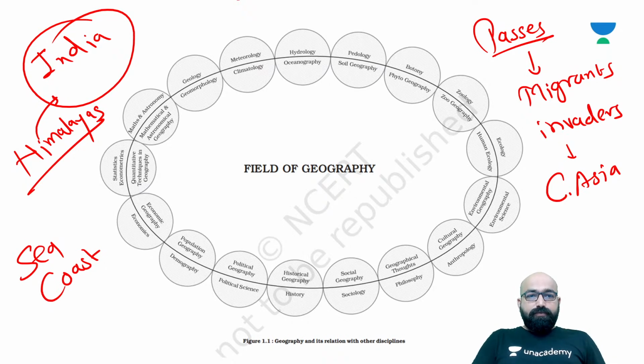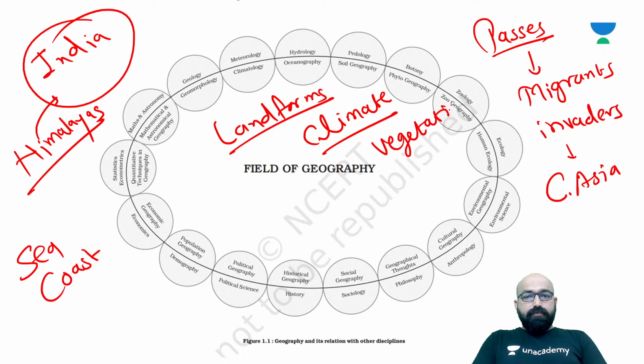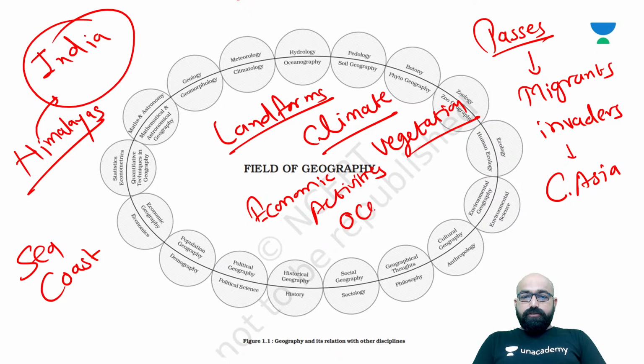These changes are in terms of change in landforms, then change in climate, then vegetation, economic activities, and occupations, and cultural developments have followed a definite historical course.